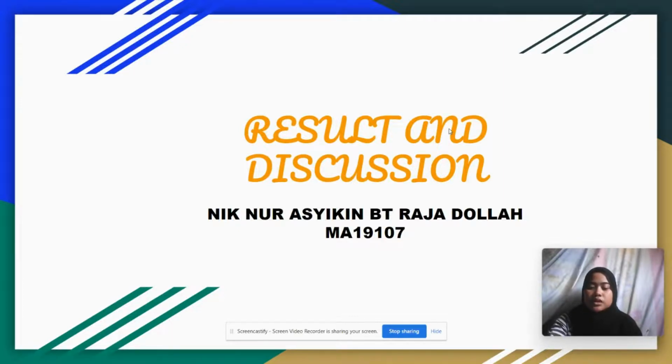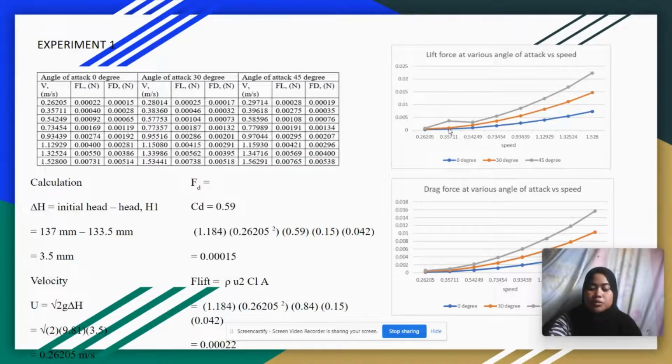For the results and discussion, for experiment 1, which is the flow pattern of a symmetric aerofoil at different angles of attack, we need to plot the drag and lift force at various angles of attack for different speeds. To find the drag force and the lift force, we need the velocity.